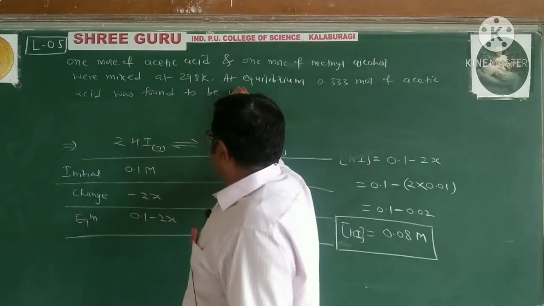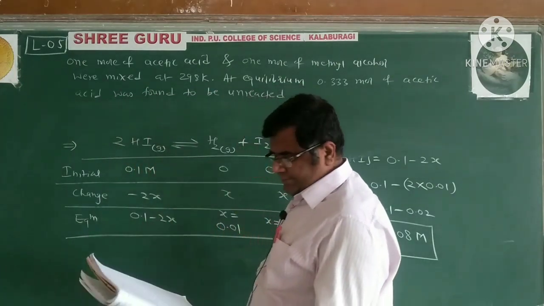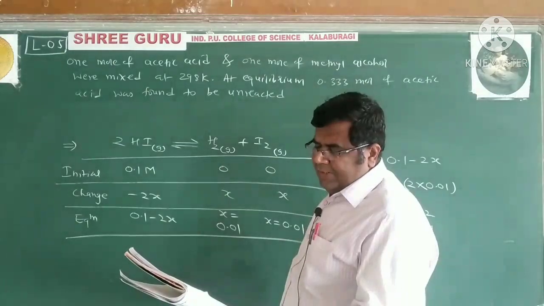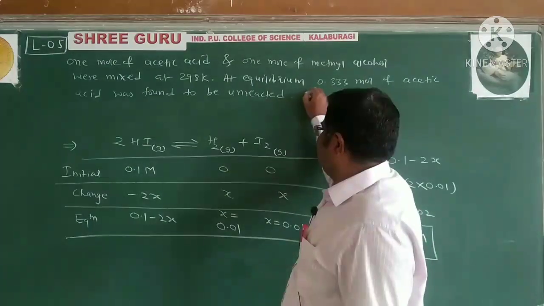Found to be unreactive means in that equilibrium. Calculate the equilibrium constant for the reaction.